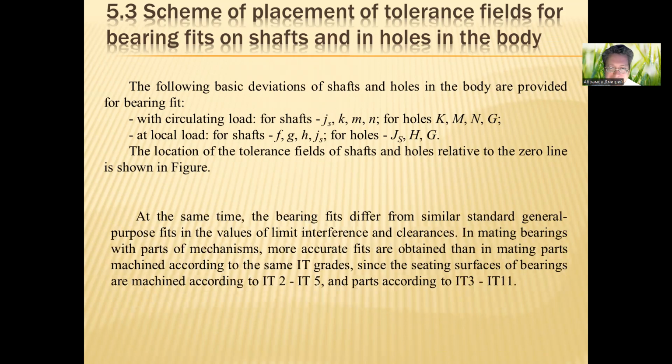At the same time, the bearing fits differ from similar standard general purpose fits in the values of limit interference and clearances.